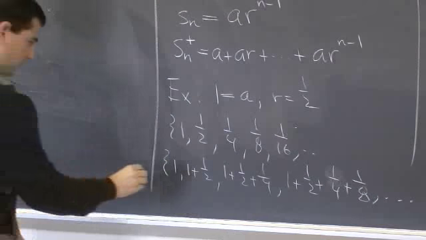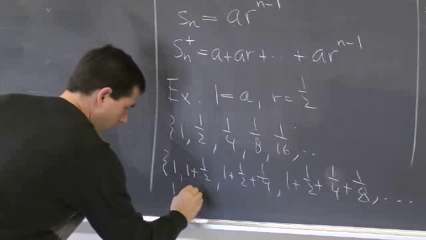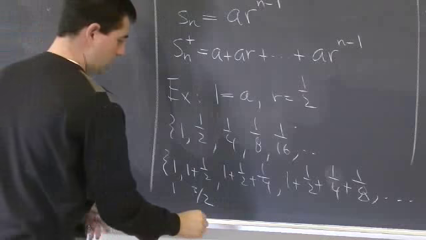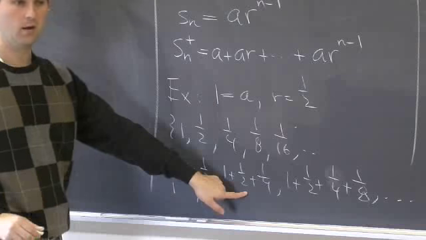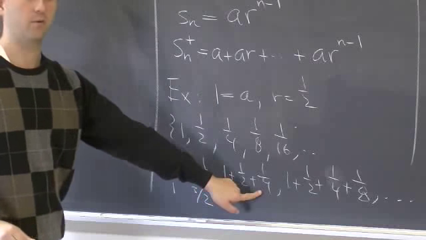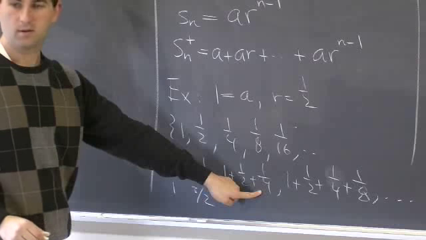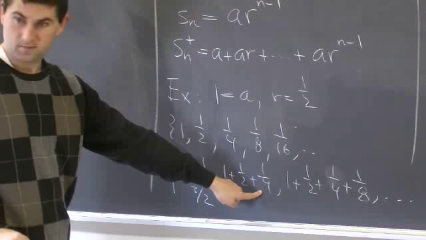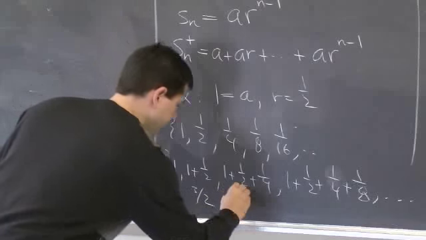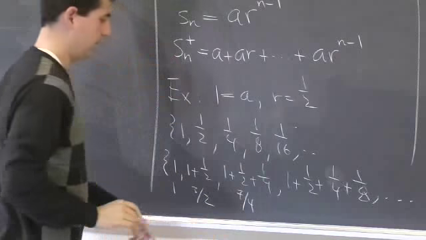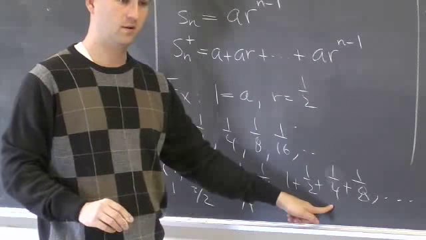By the way, we can compute these. This is 1. This is 3 halves. What is this going to be? 3 halves plus another fourth, 7 fourths. Okay. Next one.